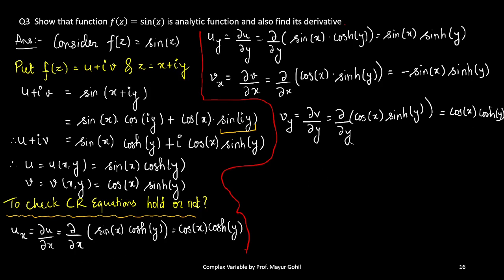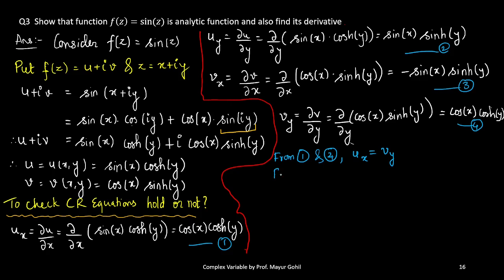Now we label them quickly. So this is 1, 2, 3, and 4. Now from 1 and 4 we get that u x is equal to v y.